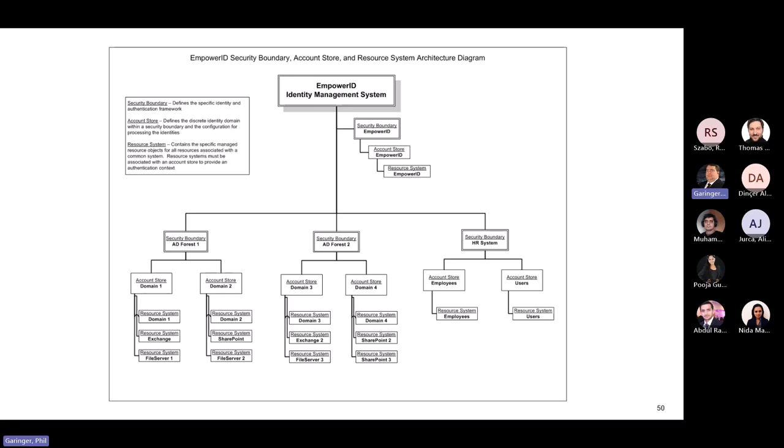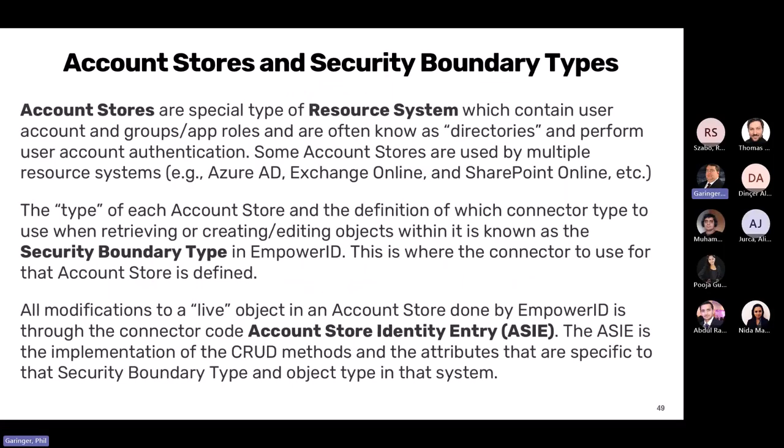In a workflow, when you're dealing with an external system object, it's important to note that, let's say you're modifying an account and that account exists in Active Directory. You're running a workflow and you try to edit an account or add an account to a group, it deals with what's called the live object, which is the account for identity entry, which represents a live object in an external system.